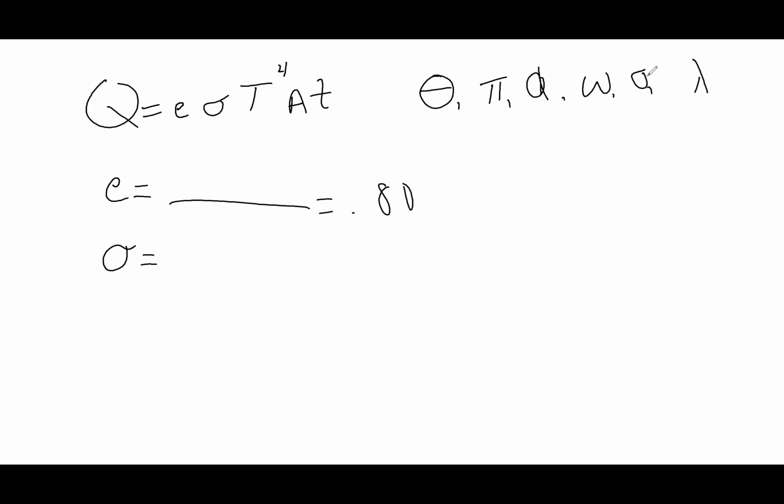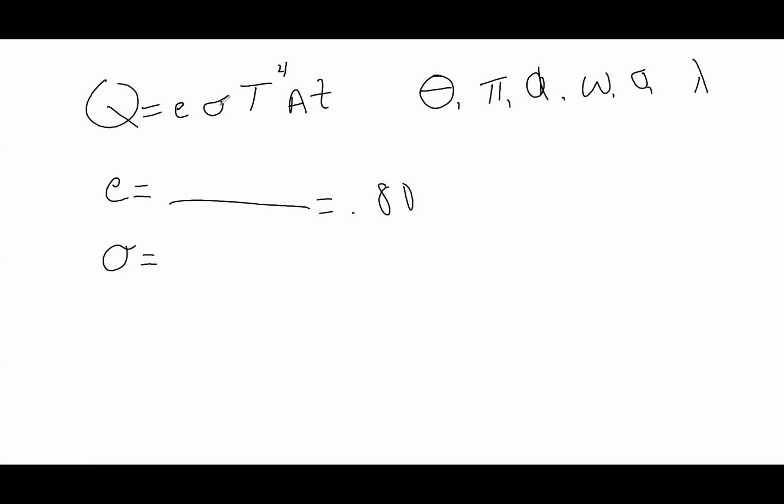Now, what is sigma? Sigma is the Stefan-Boltzmann constant. It's a constant because Q is proportional to the temperature, the area, and the time. So this is the constant of proportionality needed to solve the equation.